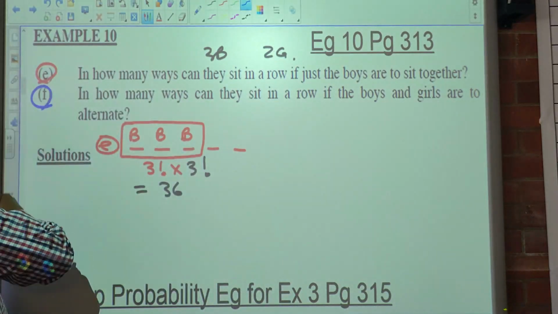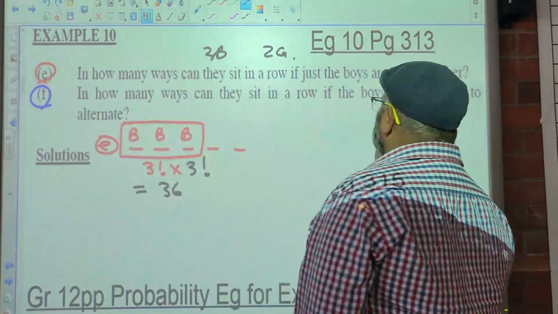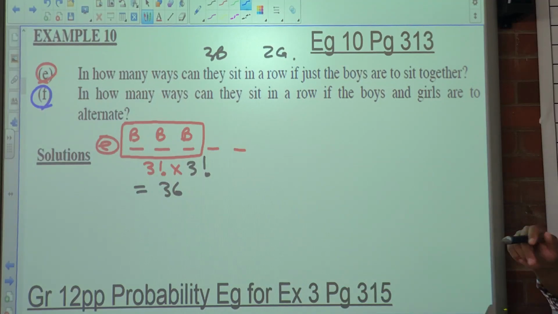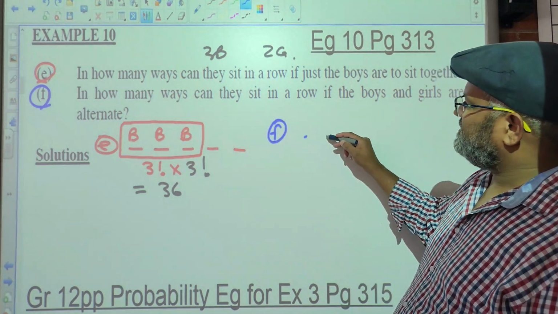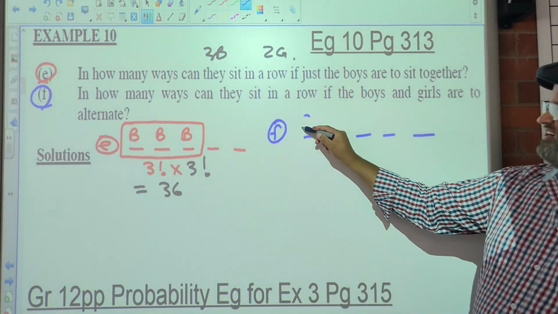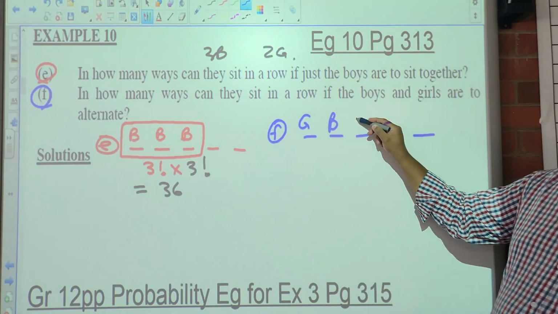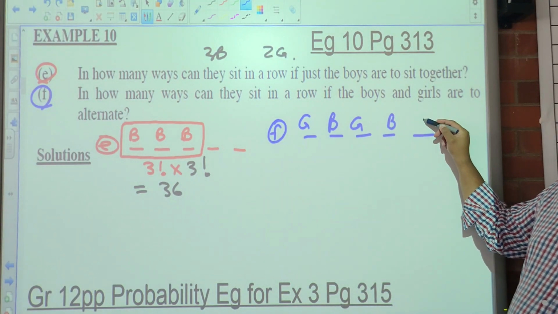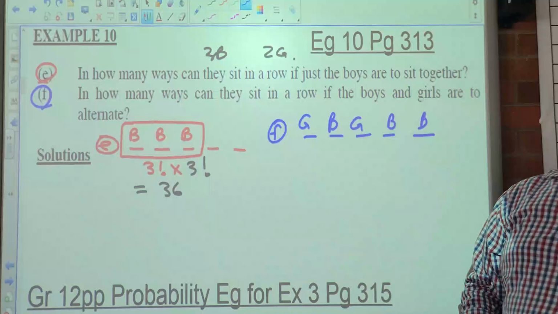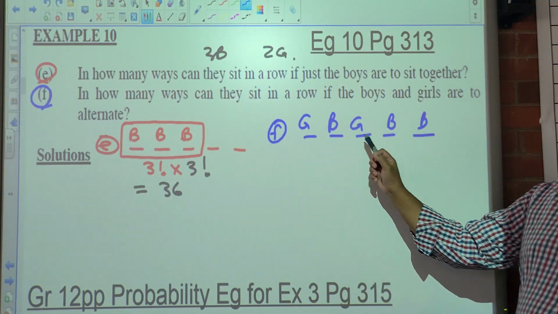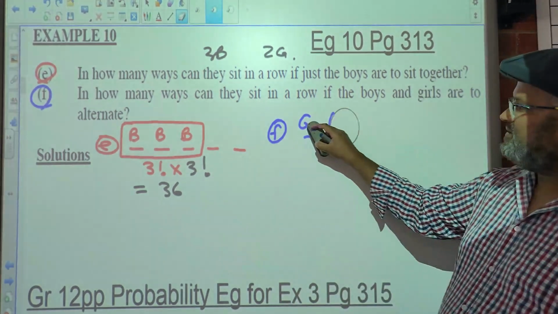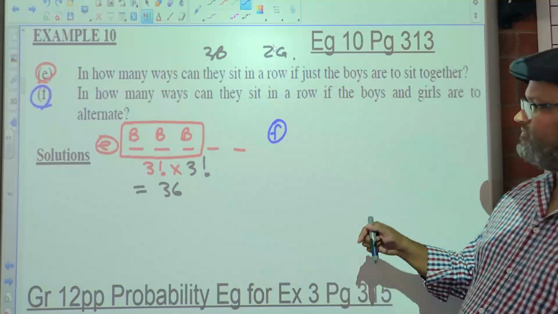Let's look at F. In how many ways can they sit in a row if the boys and the girls are to alternate? That sounds more like it. So it's 1, 2, 3, 4, 5. Can I start with the girl? Yes, she says yes. Okay. Girl then must come, boy then, girl then, then what? Boy. Are they alternating? No. So can this be a case? No. The boy has to sit at the end because there's an odd amount of boys. Not so.